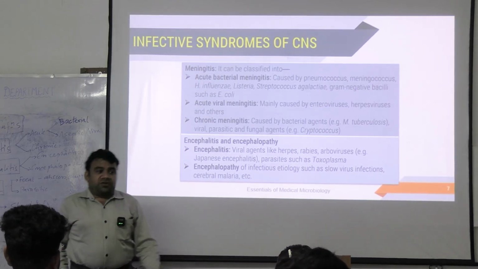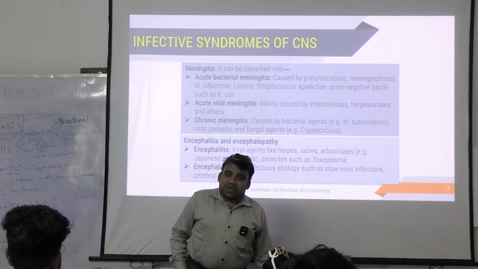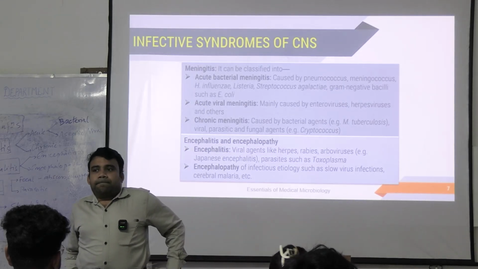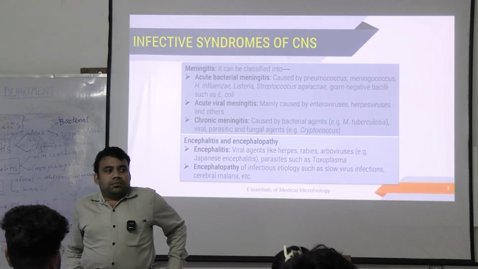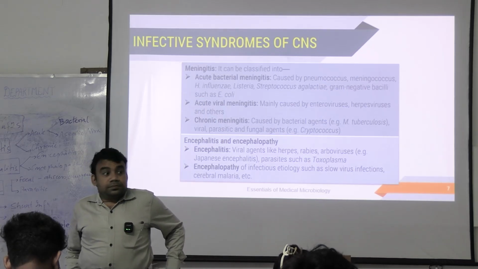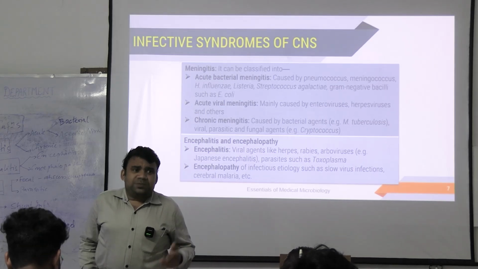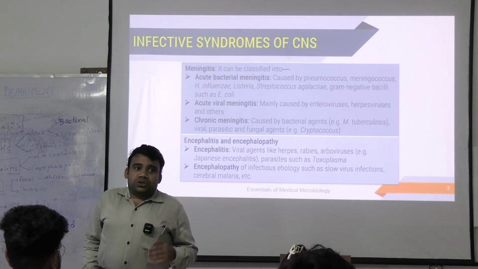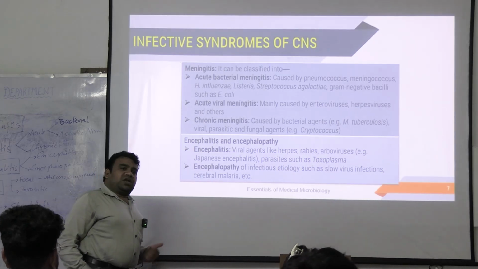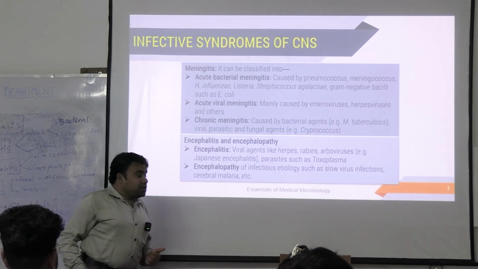Furthermore, we can have other viruses like rabies and organisms like toxoplasma. What is toxoplasma? Toxoplasma gondii. So it's a parasite. So some of the parasites can also cause encephalitis. It is called toxoplasma encephalitis.